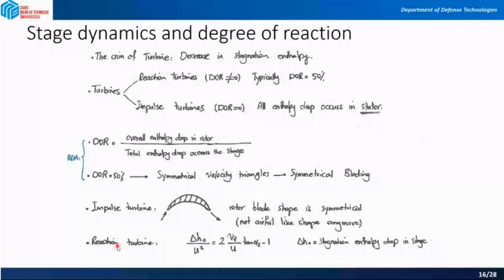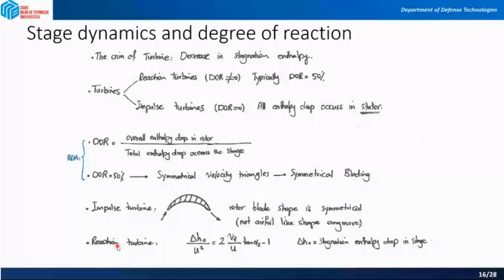Or if you just imagine that, if you assume that your exit velocity is axial, so like this, if it is V3 in axial shape, because if it is the last stage of the turbine, you're interested in giving an axial jet velocity to go out of the engine.